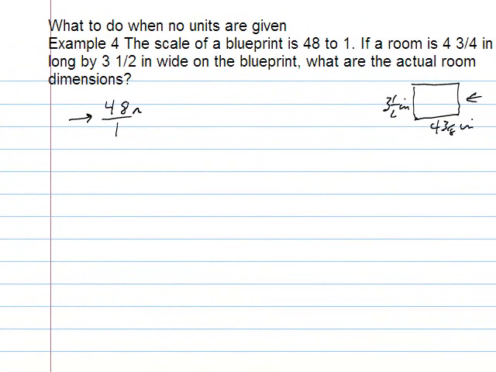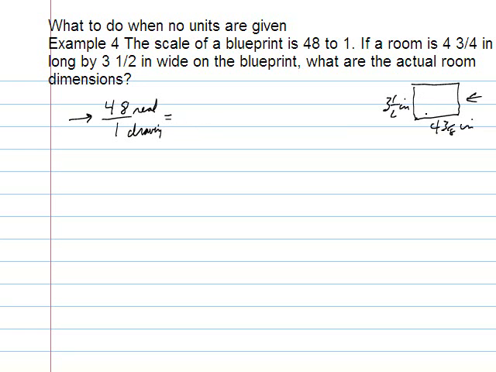So I'm going to say 48 real to 1 drawing. That means 1 unit on the drawing is 48 of those units on the ground, and that's assuming that the blueprint's smaller than a house. I'm sure it is. It'd be hard to carry around a blueprint that was bigger than a house. So you can figure that the 48 goes to the real object, the house part, and the 1 is the part of the ratio that goes to the drawing.